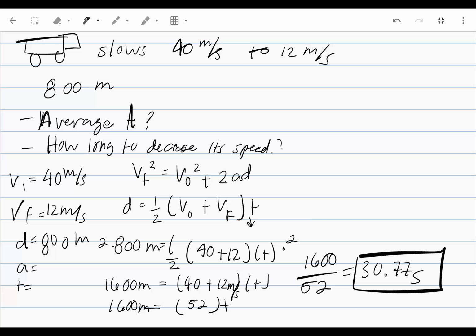And since you are dividing, there's our seconds. Units would cancel out, and you're only left with seconds. So it would take a total of 30.77 seconds to decrease, and the acceleration would be a total of negative 0.91 meters per second squared. So we can just fill that in.